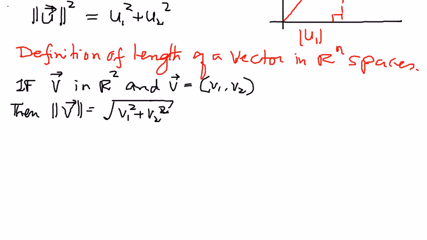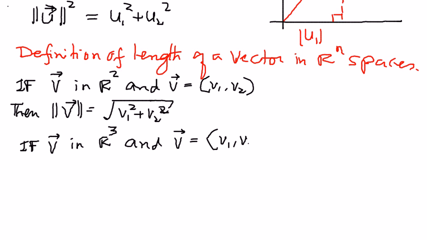Okay, then that is one. The second one is, if V is a vector in three spaces, let me write this clearly, in three spaces, there we go, and if the components of vector V are V1, V2 and V3, then the length of this vector can be represented as follows.